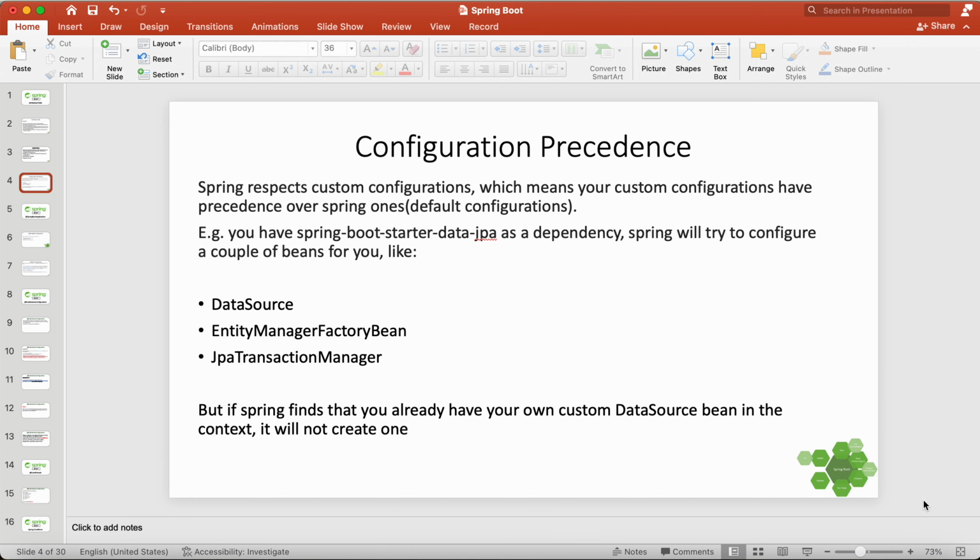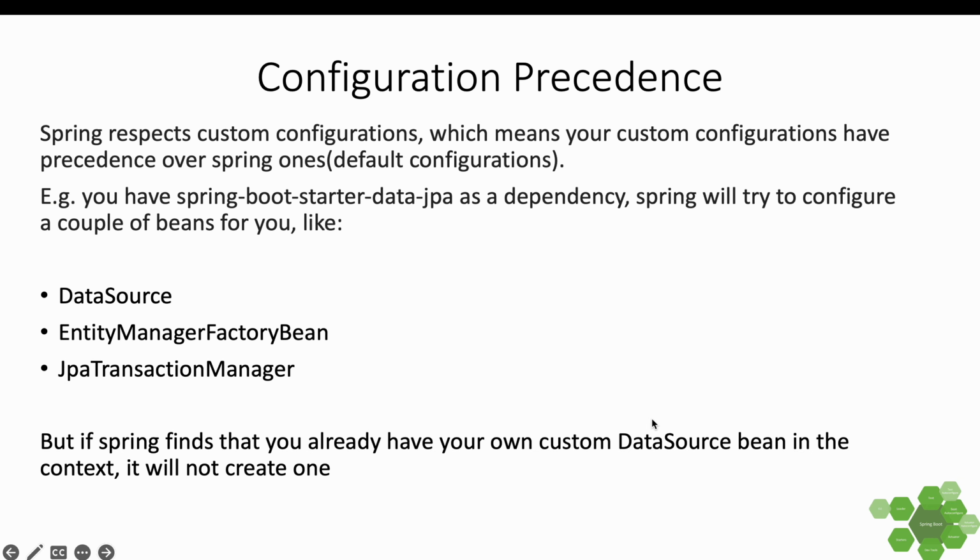It will configure those two, but the data source it will not configure, because you already have one, which means your bean now has precedence. Spring will respect that. So we are going to see all these conditions as we proceed with our series.